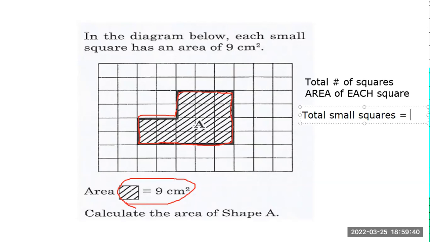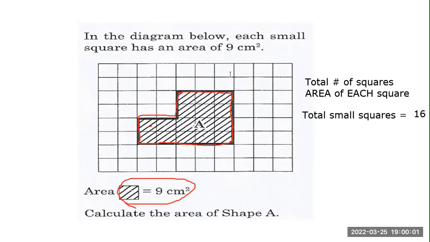Right, so let's count them. We have 1, 2, 3, 4, 5, 6, 7, 8, 9, 10, 11, 12, 13, 14, 15, 16. So we have a total of 16 small squares.